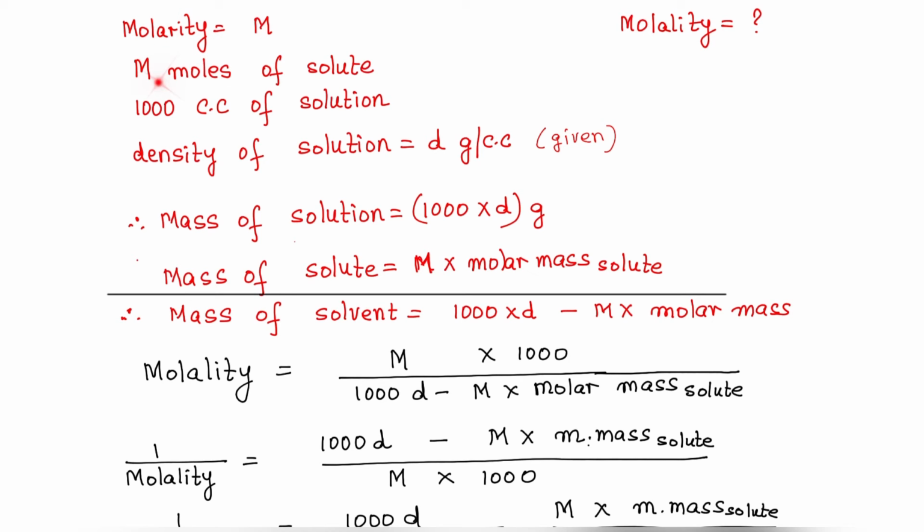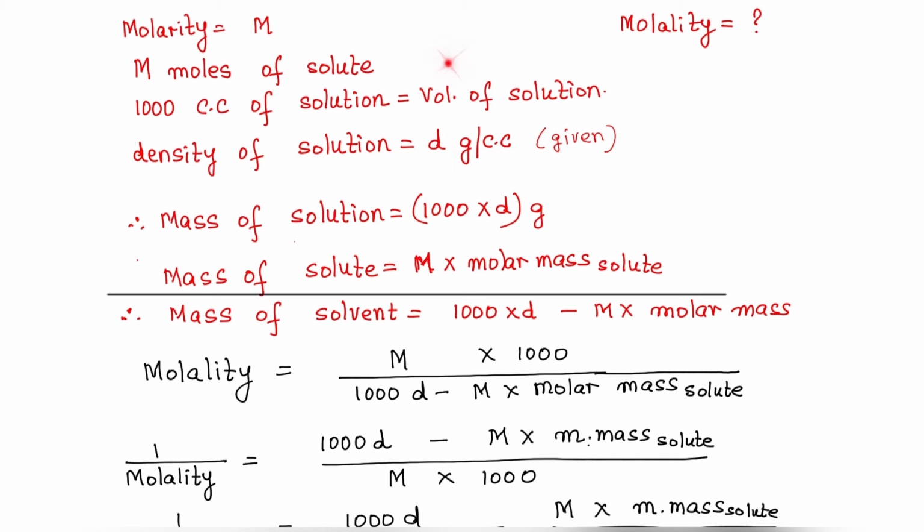Molarity M means M moles of the solute in 1000 cc of the solution, right? So first of all, I know the volume of the solution, and I have also been given the density of the solution, which is d gram per cc.